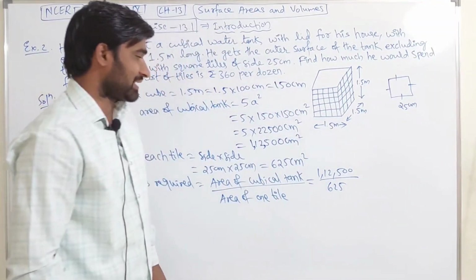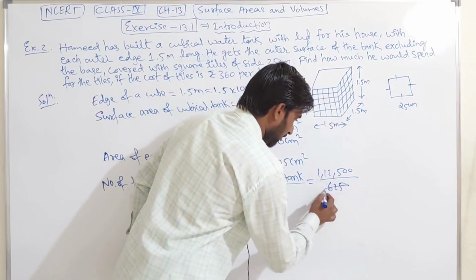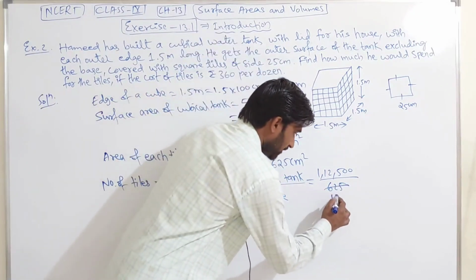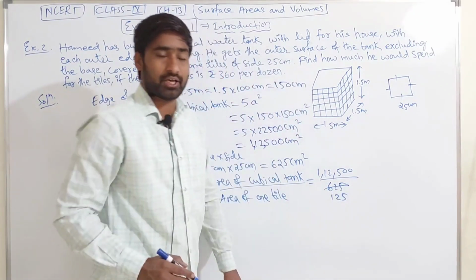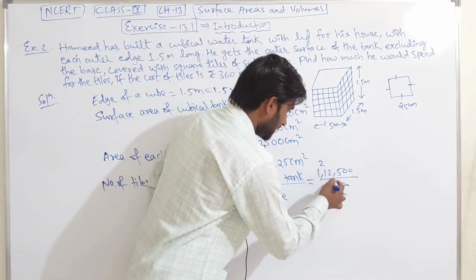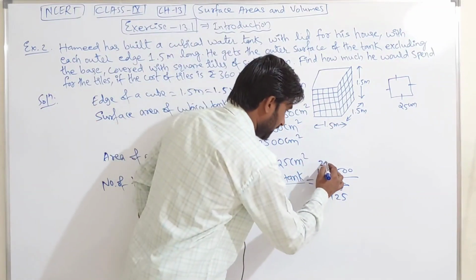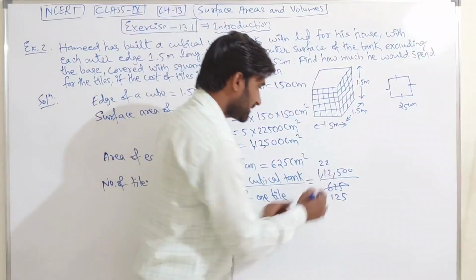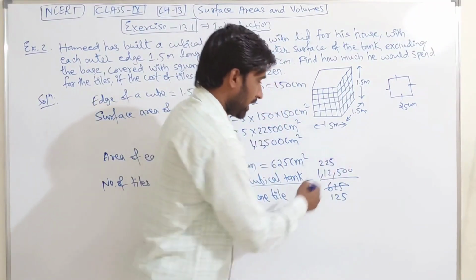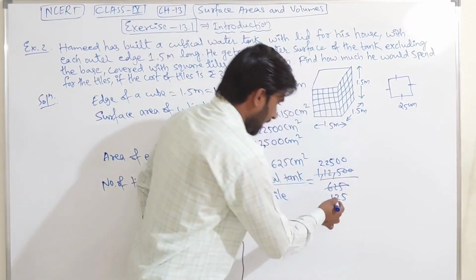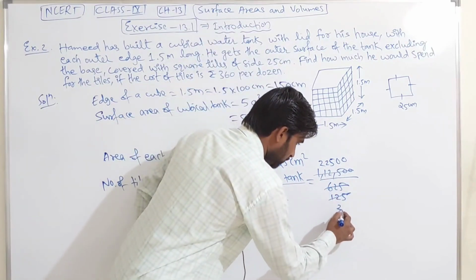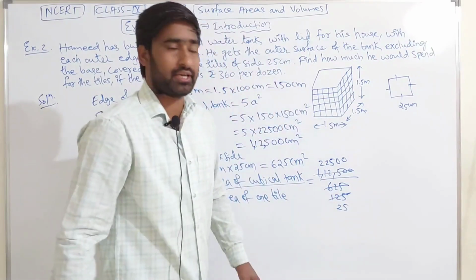So now we will start cancellation using the 5 table. 5 ones are 5, 5 twos are 10 and 5 fives are 25. Next 5 twos are 10, then 12, again 5 twos are 10, next 5 fives are 25 and 2 zeros. Again 5 table, 5 twos are 10, 5 fives are 25.